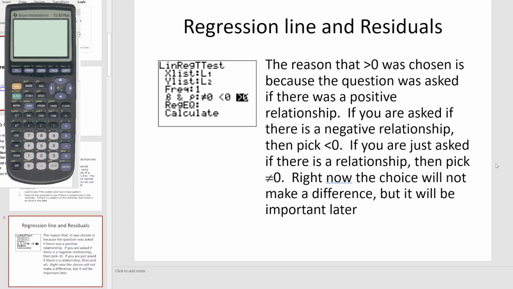So we're going to look at how to answer the question that we posed earlier in a calculator. This question of, is there a positive relationship? We're going to be asking, is there a positive relationship between the alcohol content and the number of calories in a 12-ounce beer?